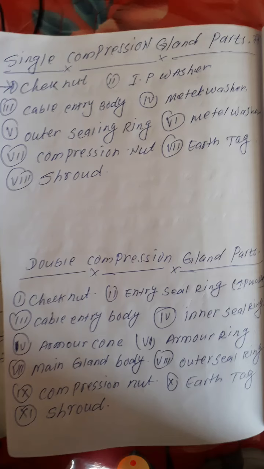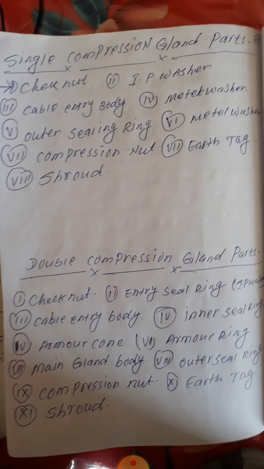These are all parts of the gland. If you mix all these parts of the gland, one perfect gland is ready. So this one gland has all these items in single compressor. Okay, this is single compressor only.